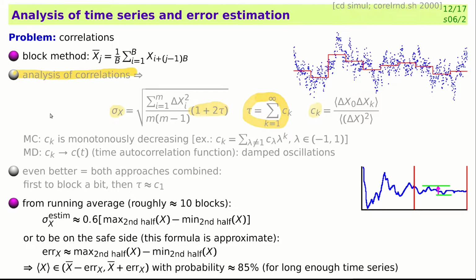You don't have to know it. Actually, it's interesting that these correlation coefficients behave differently in Monte Carlo. There they always decay exponentially, whereas in molecular dynamics, we're dynamic, so we can have oscillations.